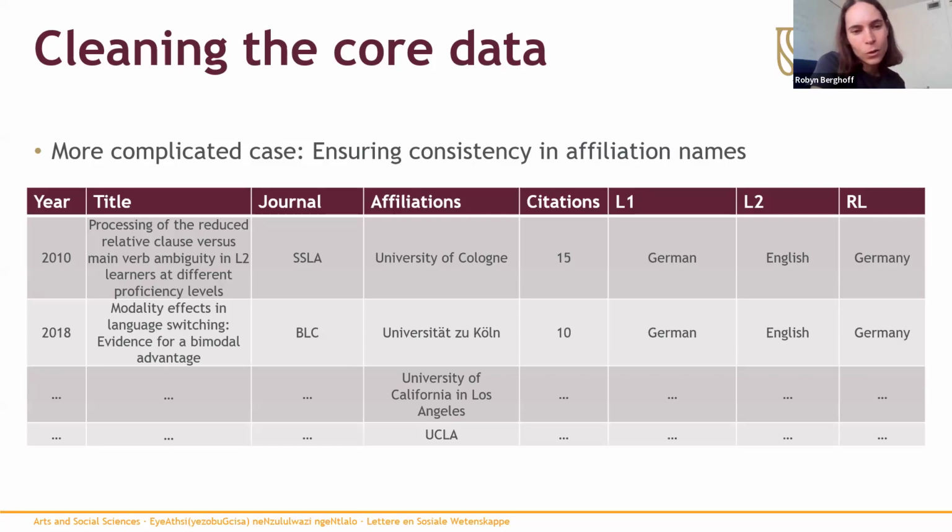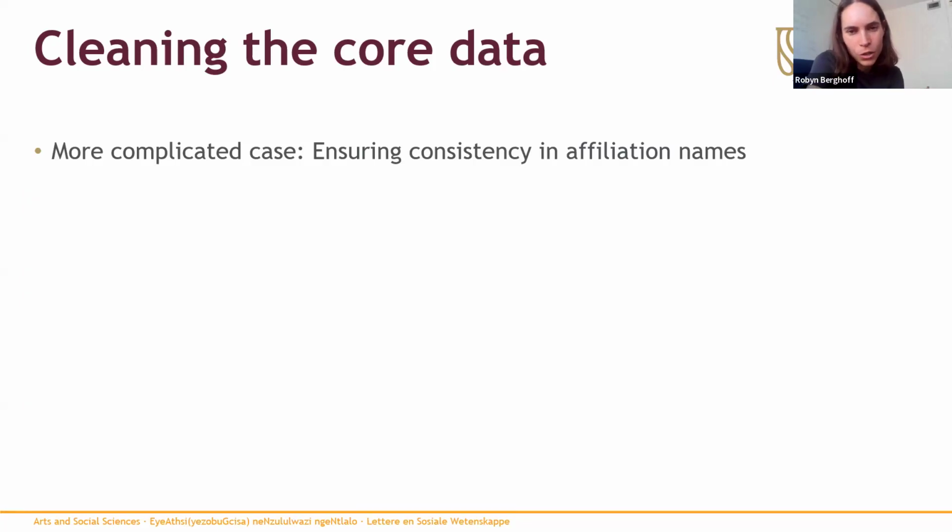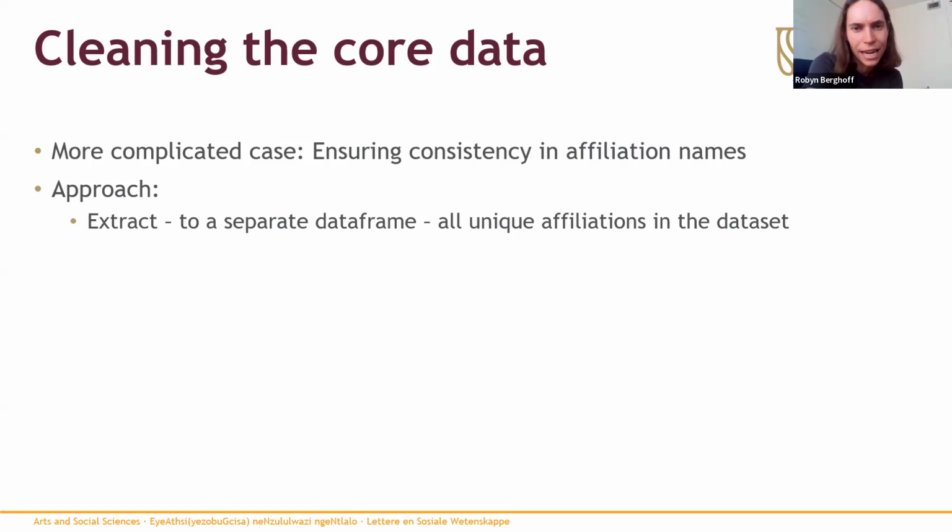And the same sort of situation as with Chinese versus Mandarin, we can't be using numbers of different labels for the same institute here. So to solve this, I'll just talk briefly through what I did. Would be interested to hear of your suggestions for more optimal workflows here, because I'm sure there are many.